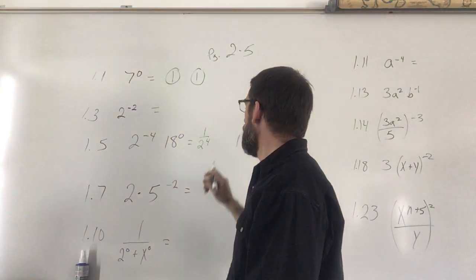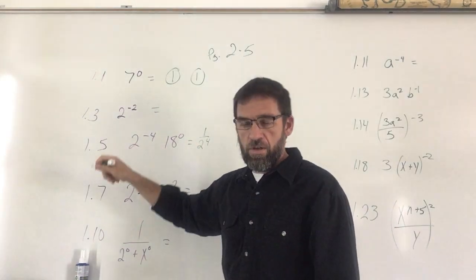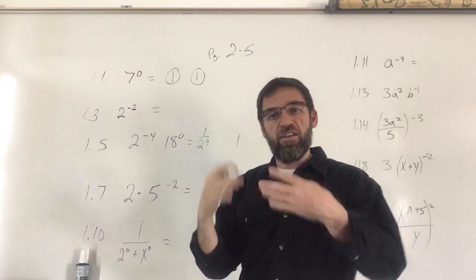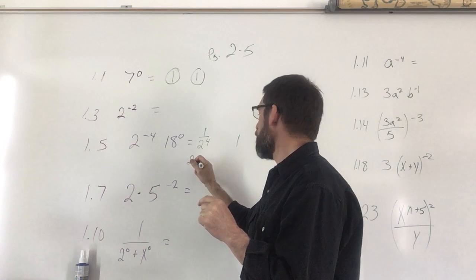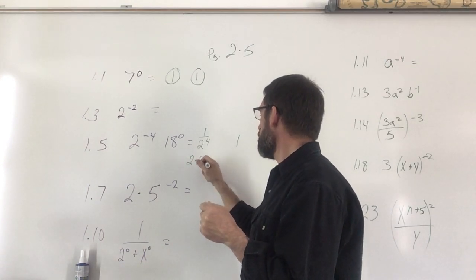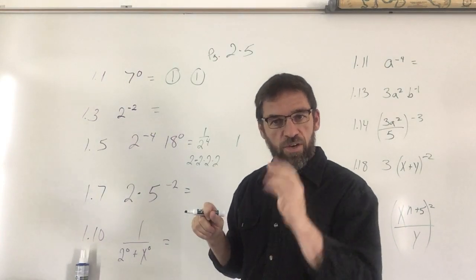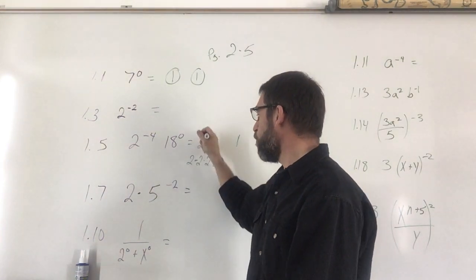So you actually make it a fraction, and then you can get rid of the negative 4. It's a positive 4. Now I can figure that. If you go 2 times 4, no. 2 times 2, 2 times 2, 2 times 2. You have to do it 4 times. So my answer is not 1/8.